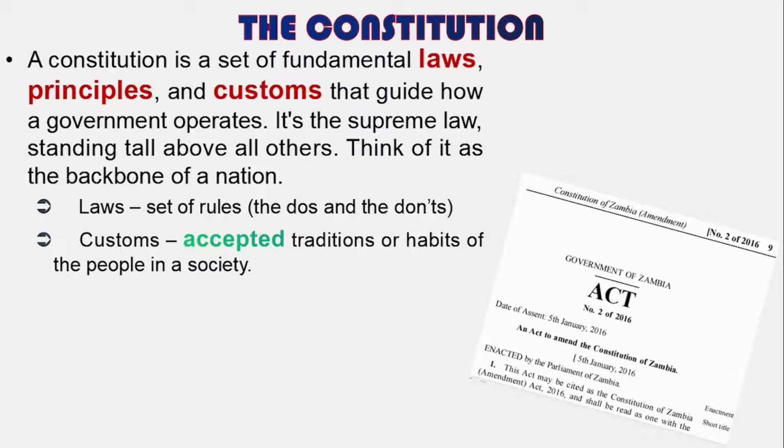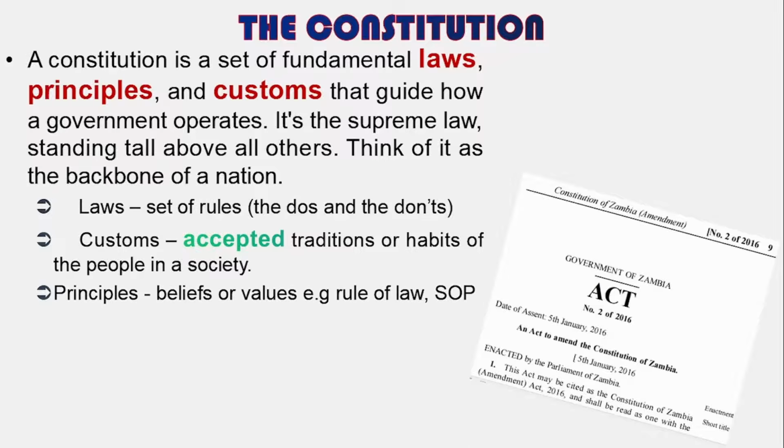These customs are behaviors that have been passed down from one generation to another within a particular society. Examples of such that we can give are maybe wedding customs. So when you go to the Constitution, you find the Constitution talking about marriage. That is something that has been there for quite some time. How is a marriage going to be conducted, and what procedures should people take for that marriage to be accepted?